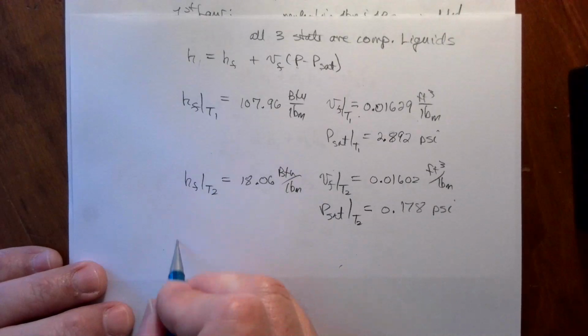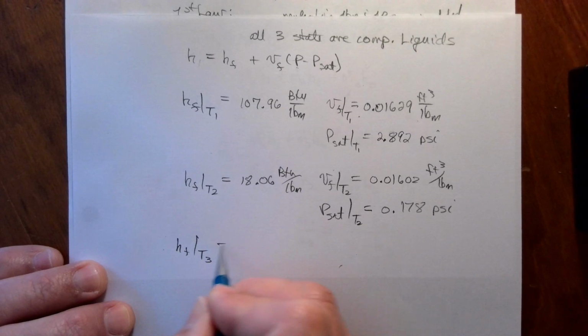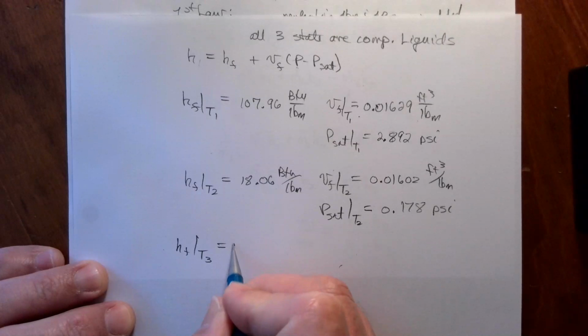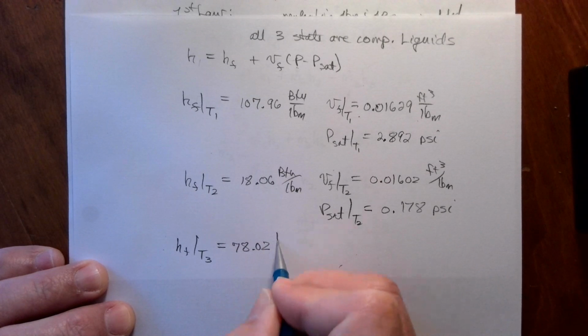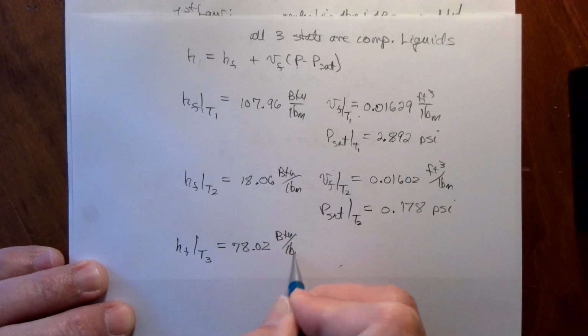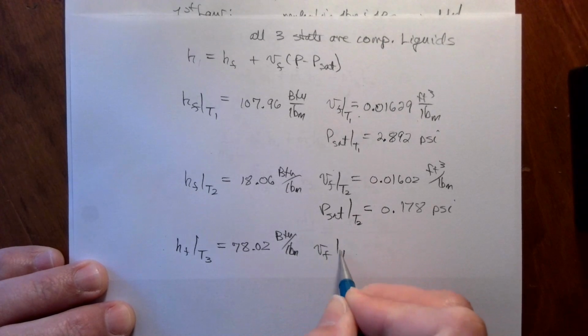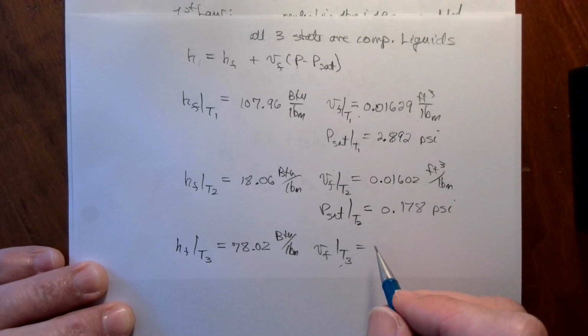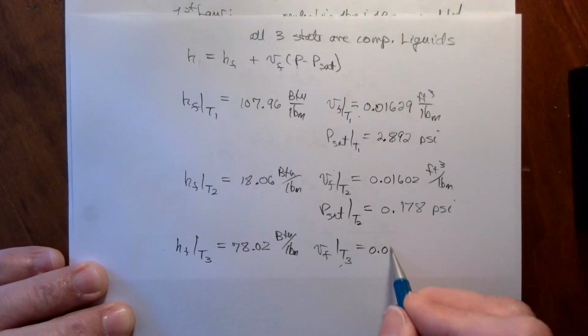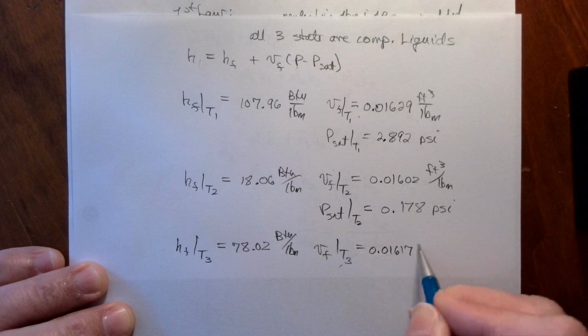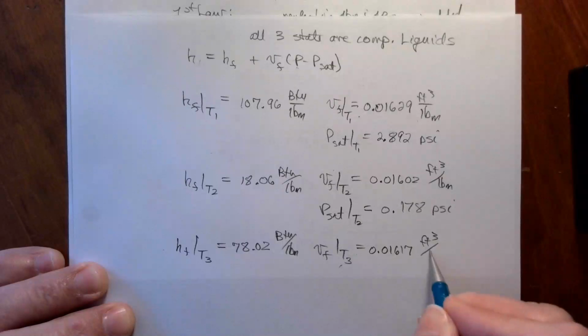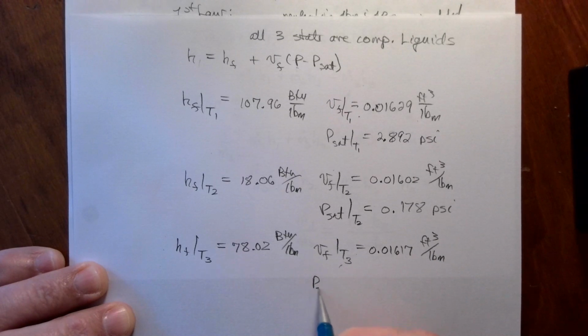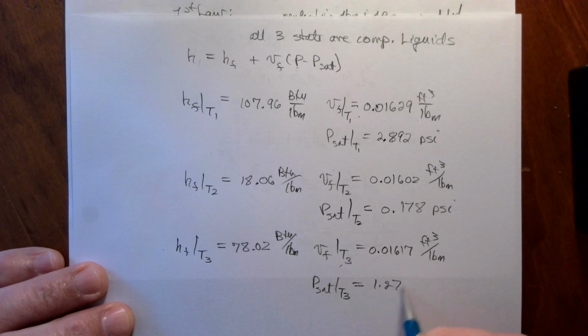Continuing on, we need HF at T3, which is 78.02 BTUs per pound mass. VF at T3 is 0.01617, and P saturation at T3 is 1.276 psi.